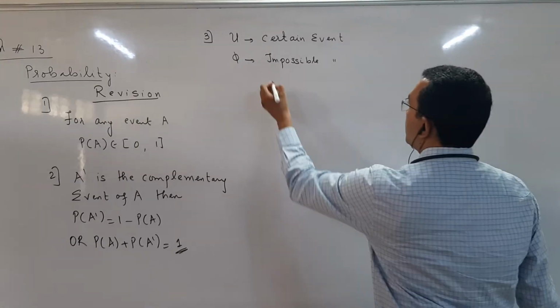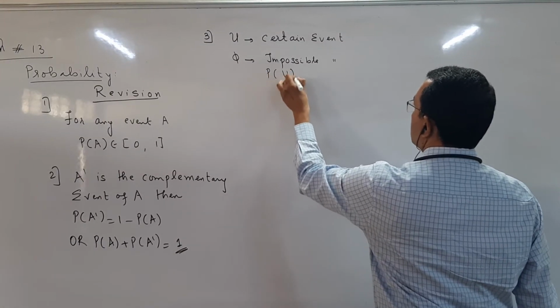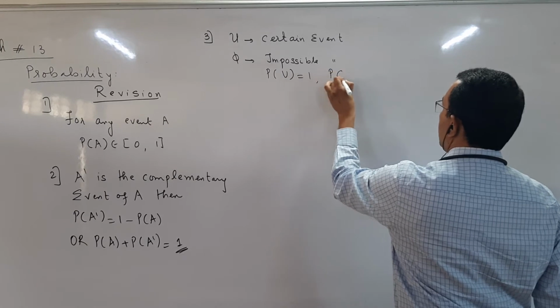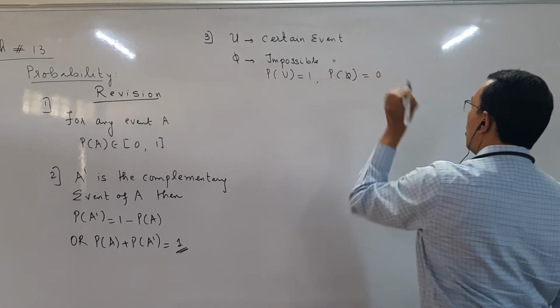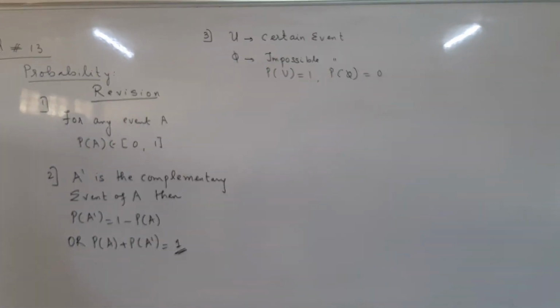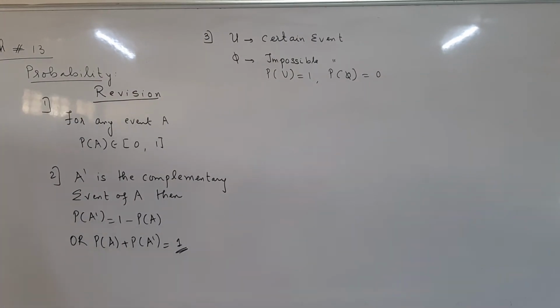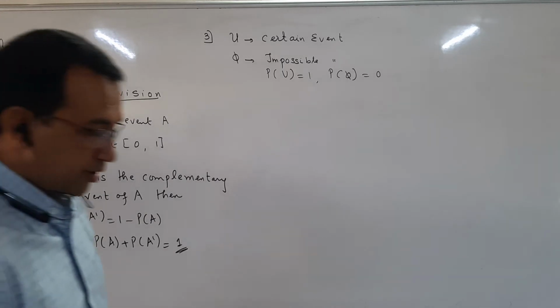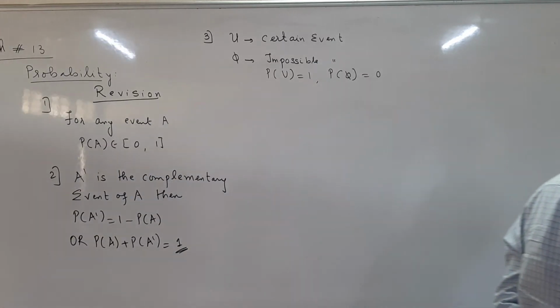Then the probability of sure event or certain event is 1, and the probability of impossible event null set is 0. So if U is the certain event and null set is the impossible event, then students, their respective probabilities are 1 and 0.